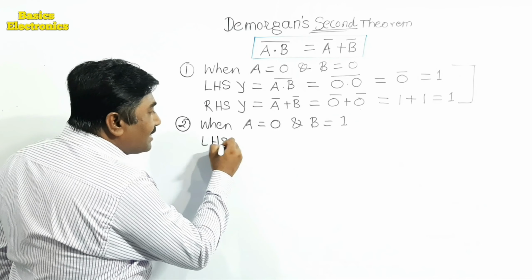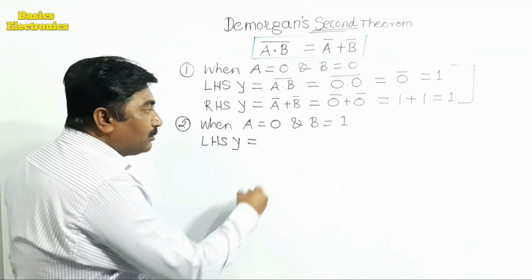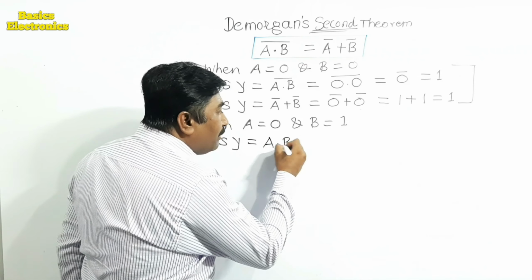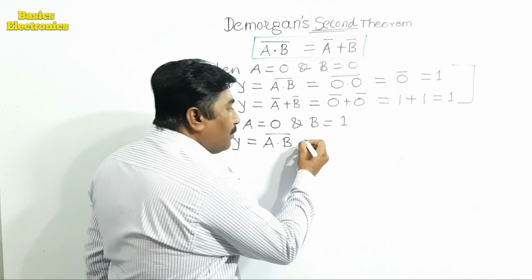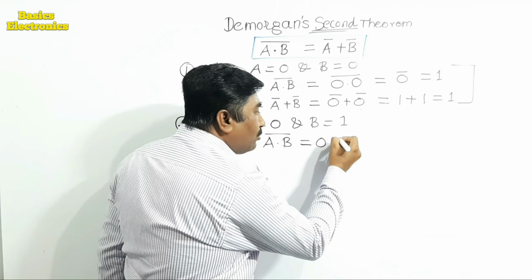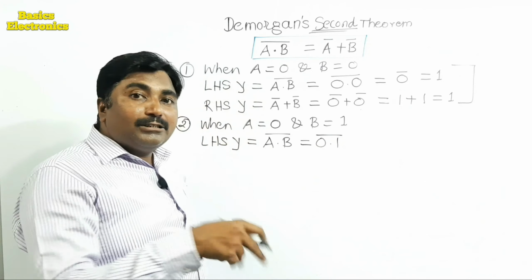Here is the left hand side equation y equals A dot B complement. That means 0 dot 1 complement; 0 dot 1 is equal to 0 and 0 complement is equal to 1.